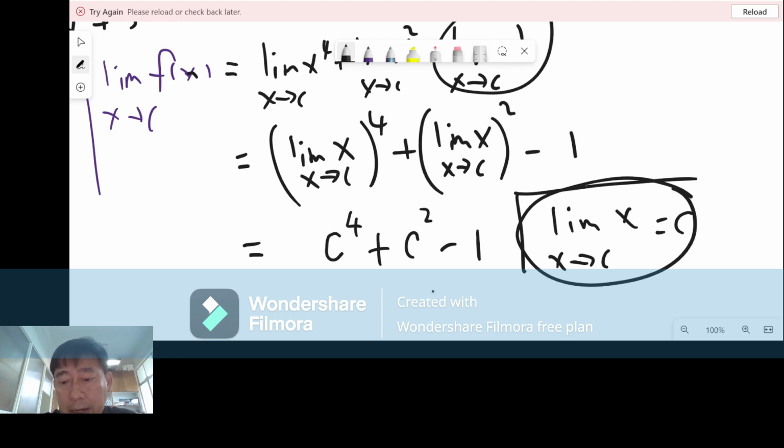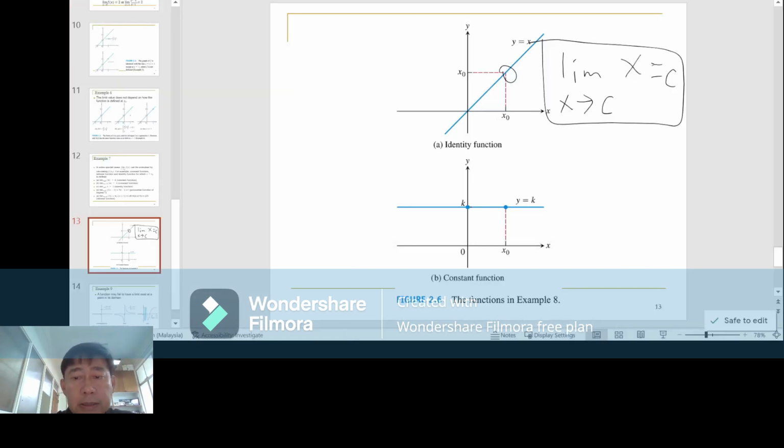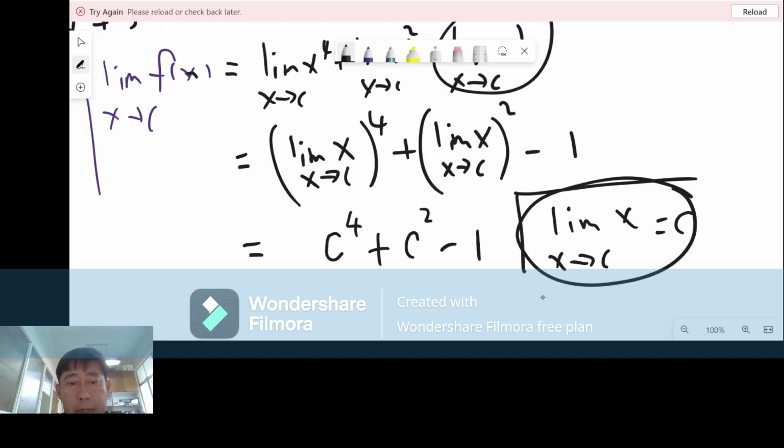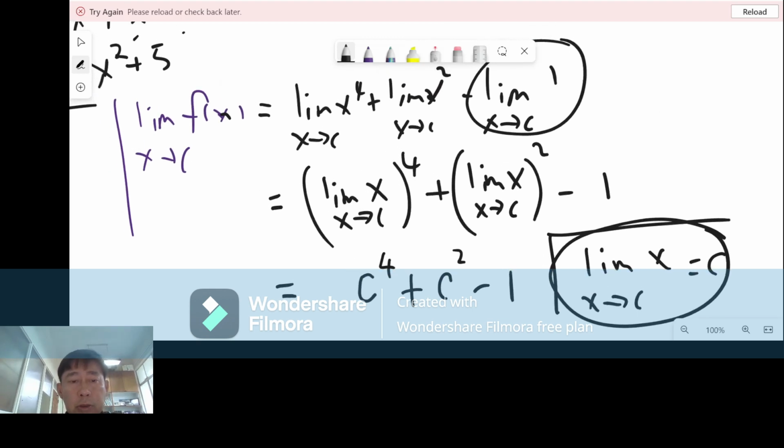And this again is the result that we have already discussed in the previous section, that the limit of a linear function is just equal to the value of c. Okay, so here you realize that the answer to these questions requires you to make use of this result, and this is a result that is obtained in the previous subtopic.